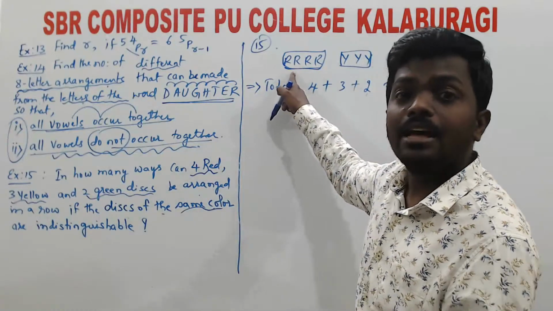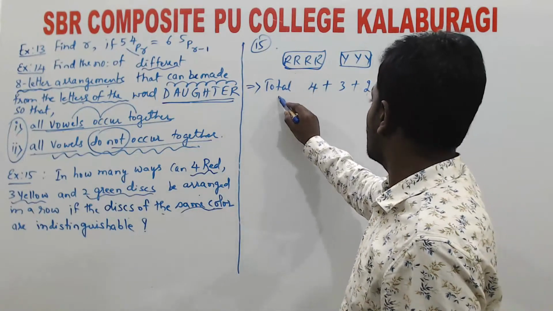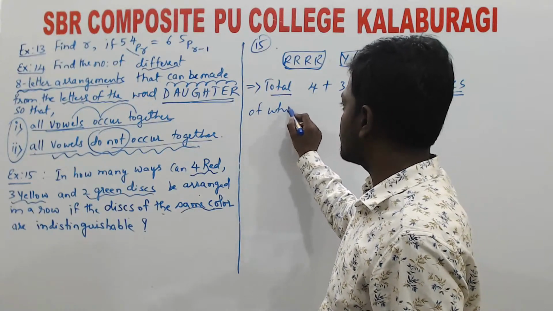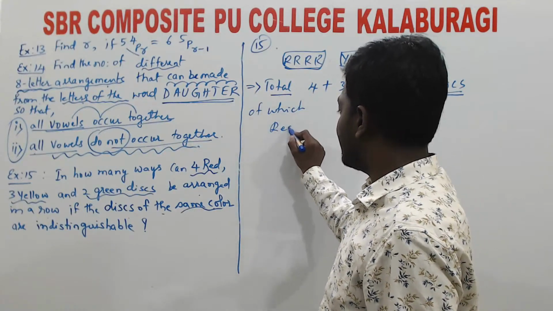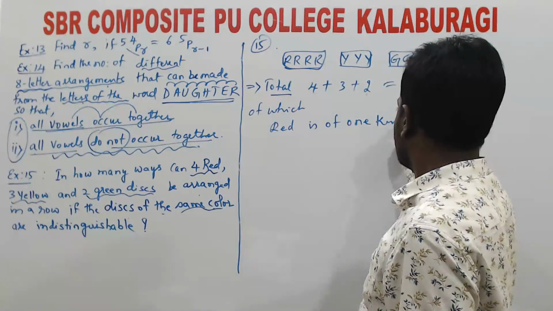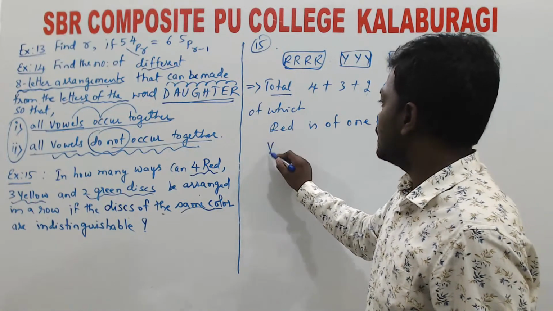Here they are repeating, occurring more than once. So totally there are 9 discs, of which red discs are of one kind, 4 of them.